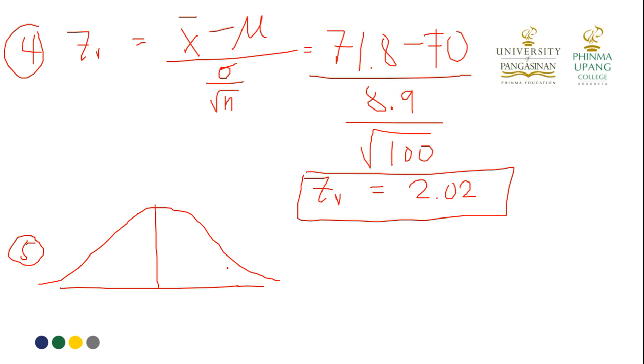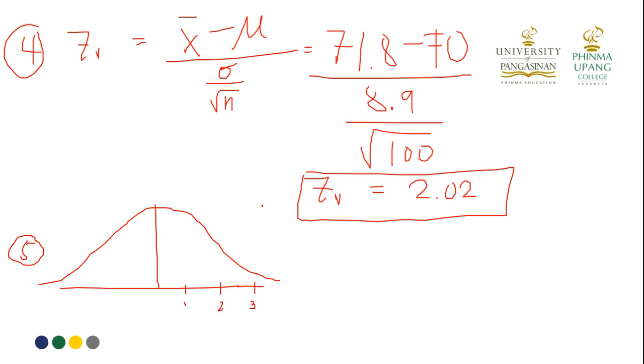And since it is greater than and it is a positive one, we're going to locate the critical region and the critical value on the right side of our normal distribution. You are already familiar that our normal distribution on the right side is divided into 3.